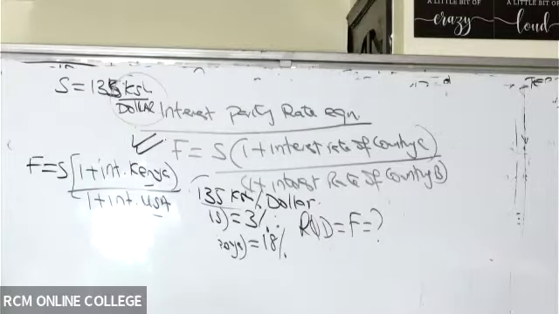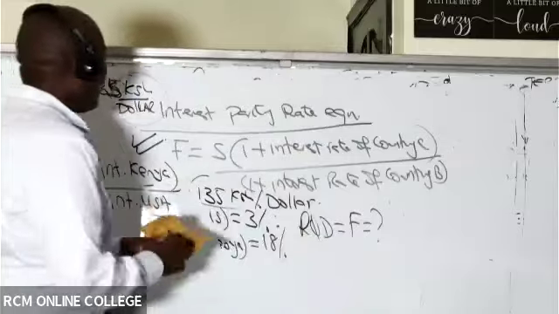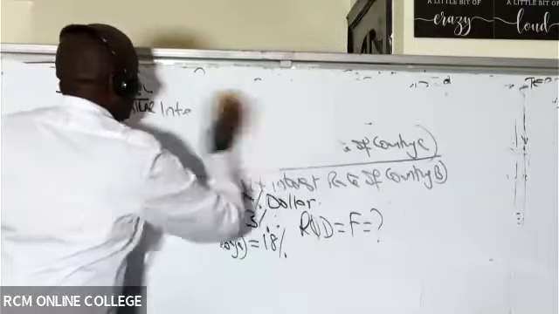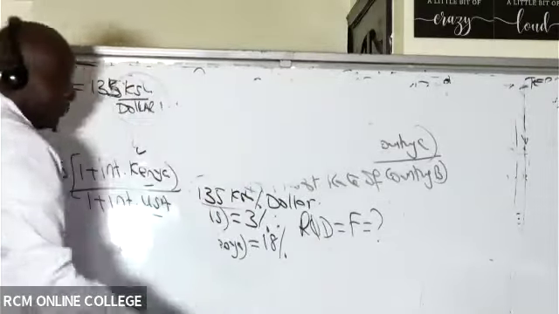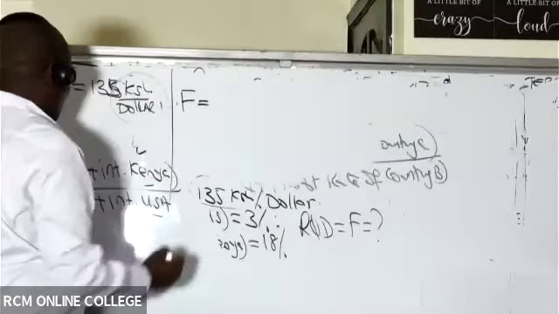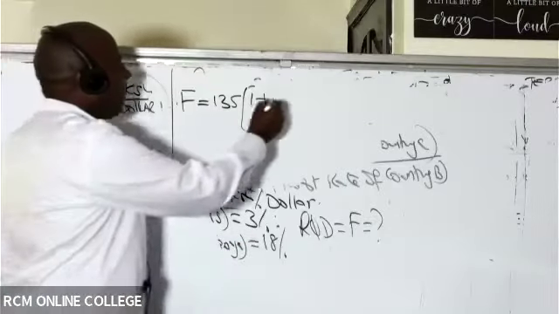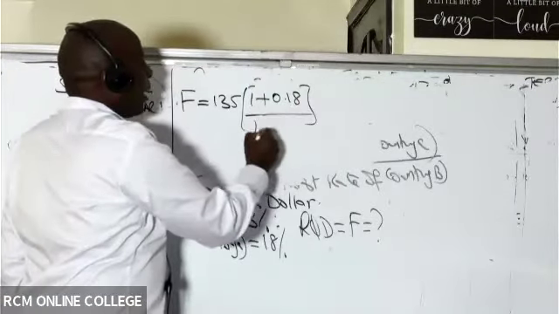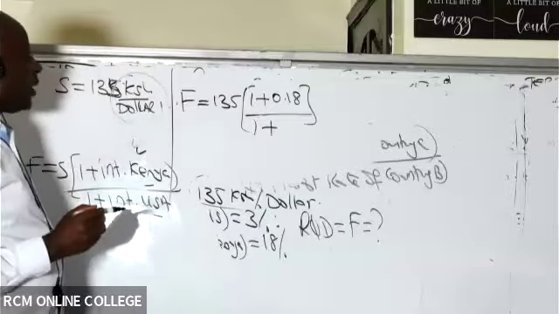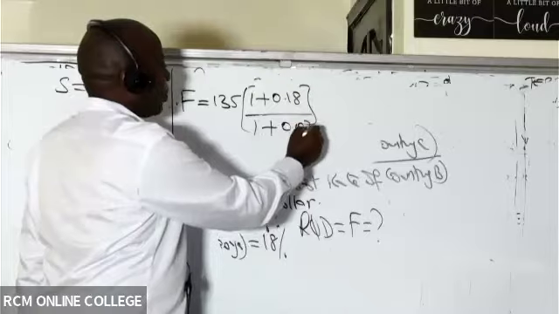So then, go ahead and substitute, you great ninjas. My F here will be equal to the spot rate, which is 135, into 1 plus interest rate in Kenya, which is 0.18, all over 1 plus interest rate in the US, which is 3%, 0.03.